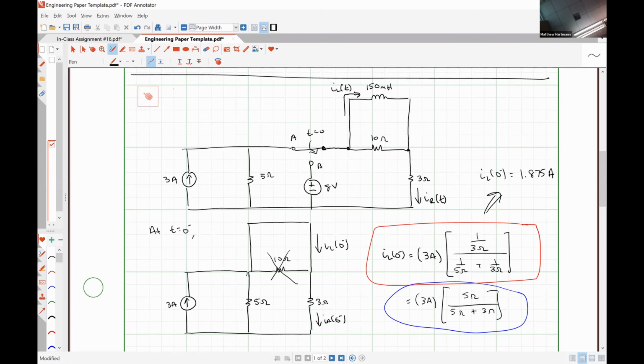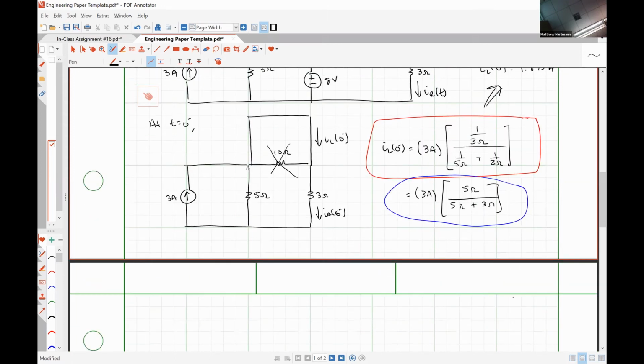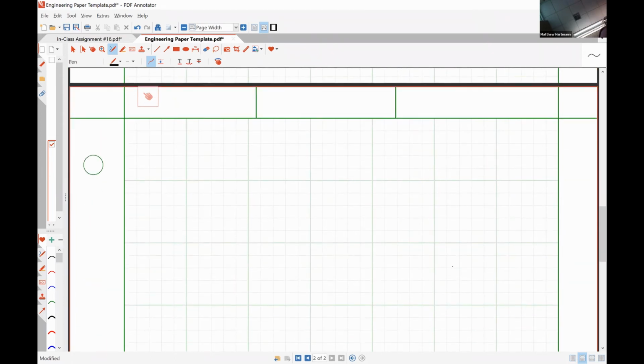So if current division doesn't quite make sense to you, please go back and review the notes and video on current division. All right, so now let's look at the circuit at t is equal to 0 plus.